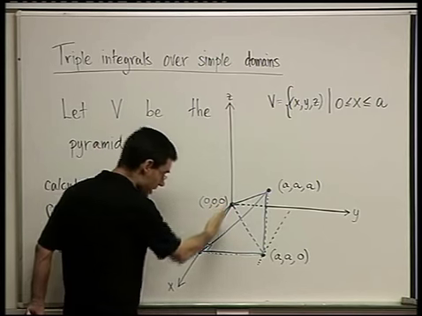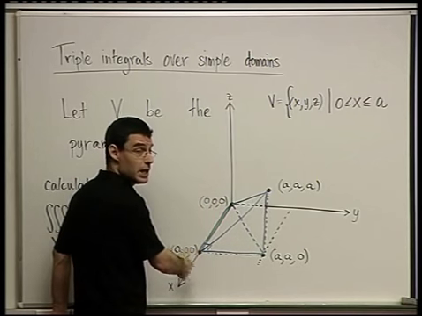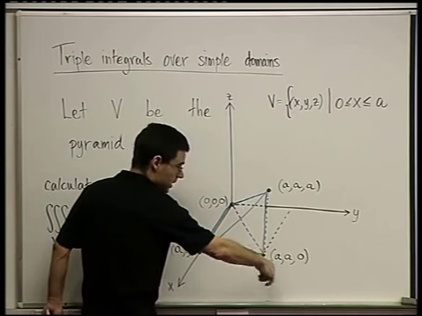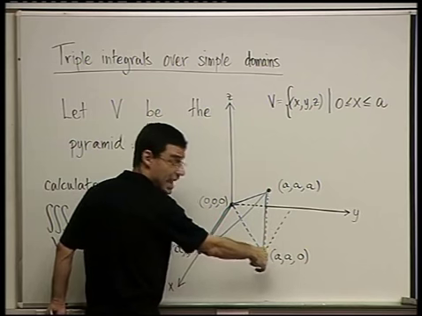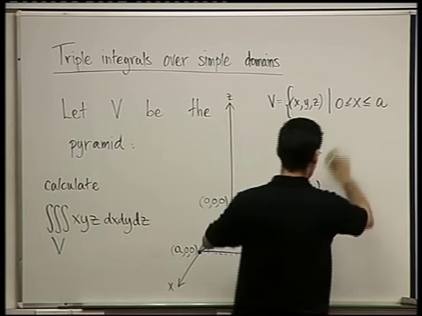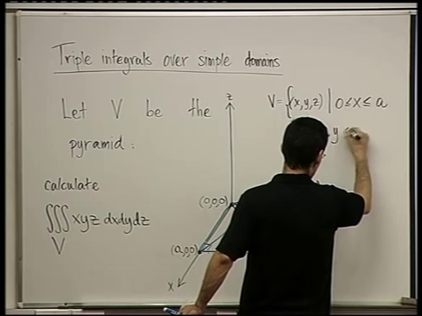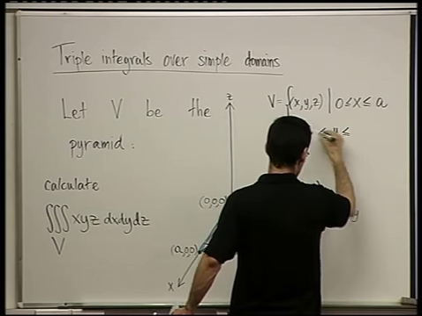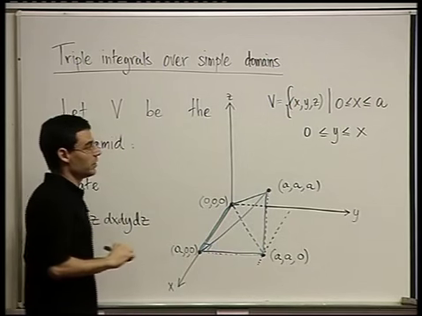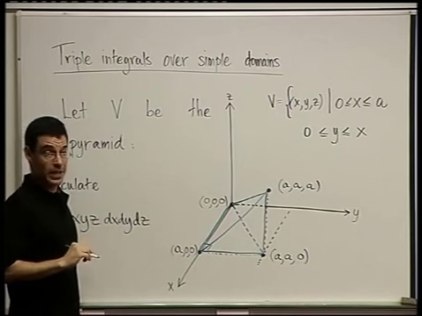Do you agree that this is the line y equals 0 in terms of the xy plane? What is this line here, connecting 0, 0, 0 and A, A, 0? y equals x. So the y's are restricted between 0 and x, namely y equals 0 and y equals x.